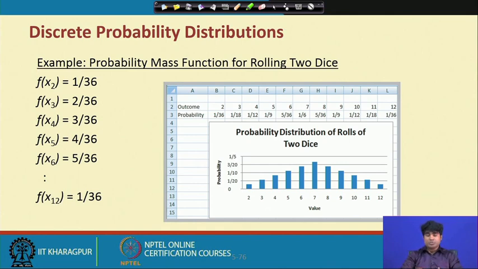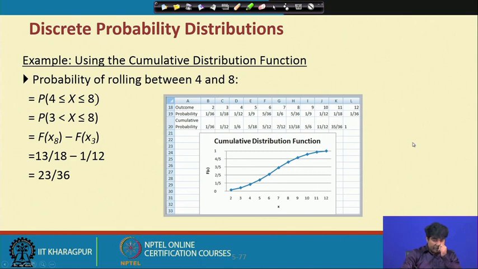In the case of a continuous probability distribution, the structure is a little different, because you need to cite interval structures. So, let us move to that concept. Here is a structure called the cumulative distribution function. Probability of rolling between 4 and 8.